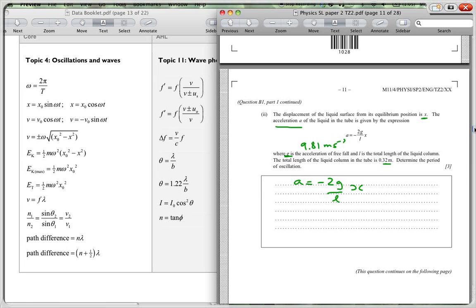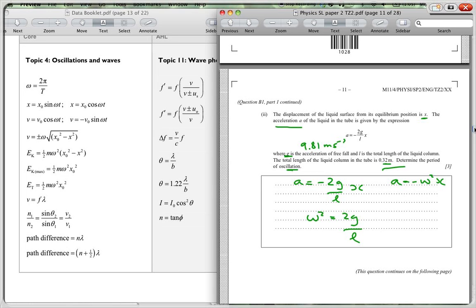Determine the period of oscillation. Now, to do this, we need to think of our formula that a is equal to minus omega squared x. So when we compare these two, we see that omega squared is equal to 2g over L.